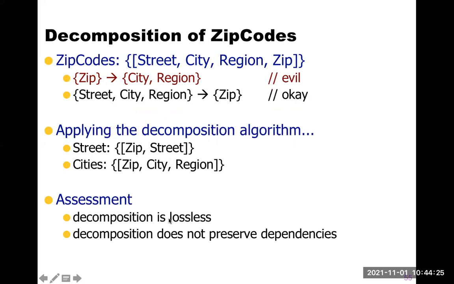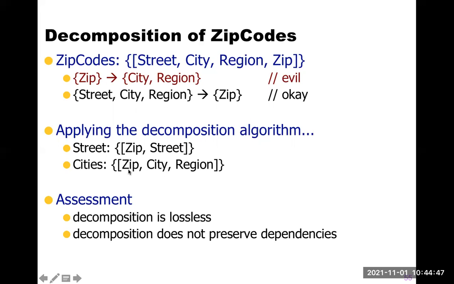So here it is. So the decomposition is lossless in this way, and for each zip we have just a single city due to the second table, and for each street we have a single zip.